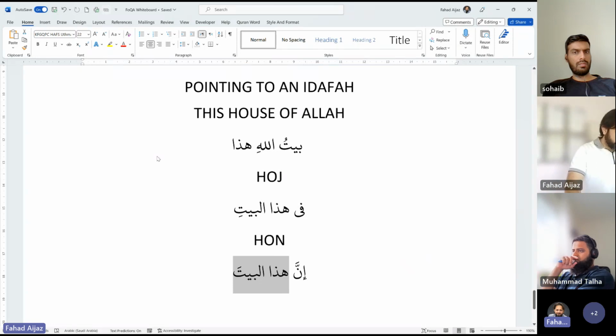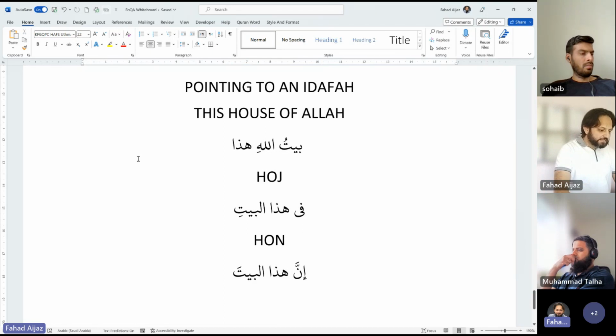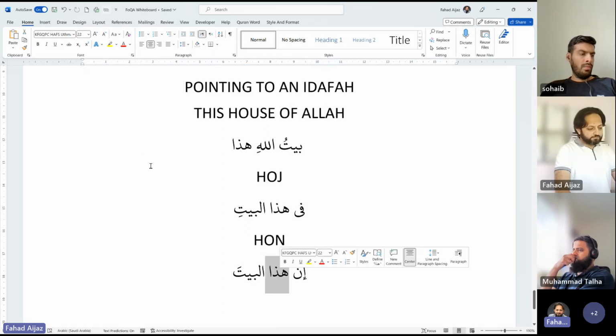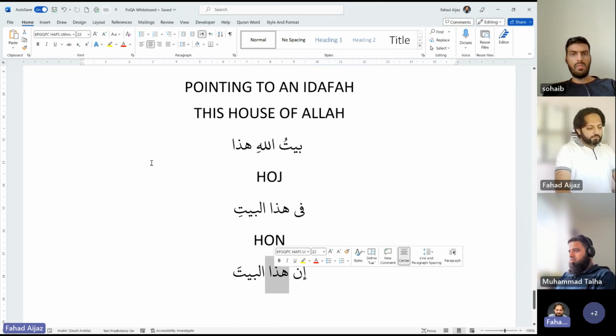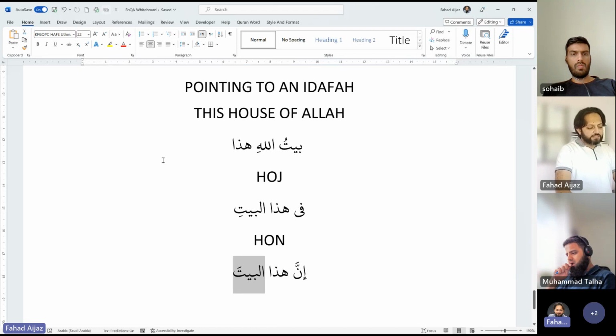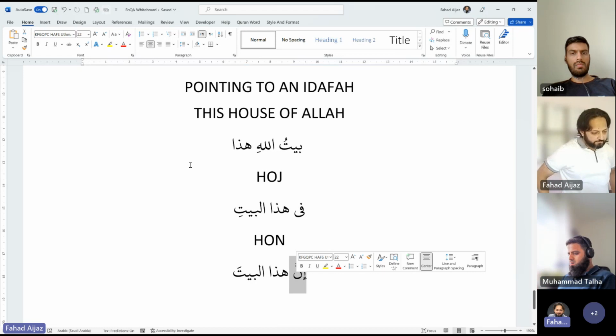So because this is a pointer fragment, these two should match in four properties. It means bayt is nasab because haza is nasab. You do not know why haza is nasab, but you know bayt is nasab because haza is nasab. Now you go back and find why haza is nasab when you find inna. You understand?